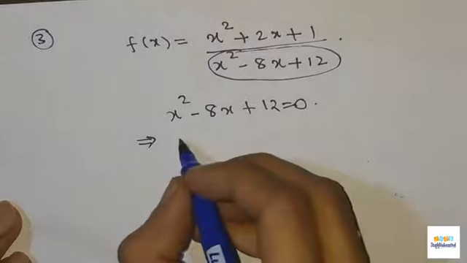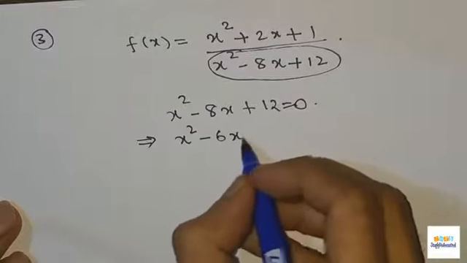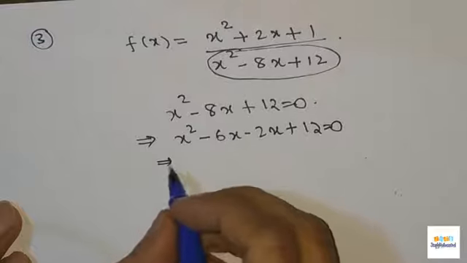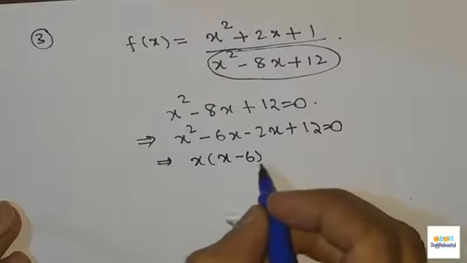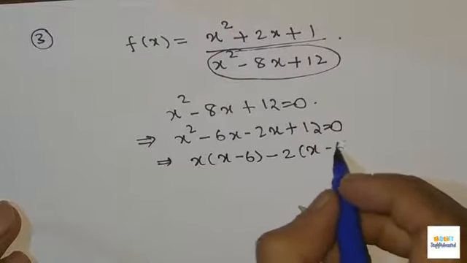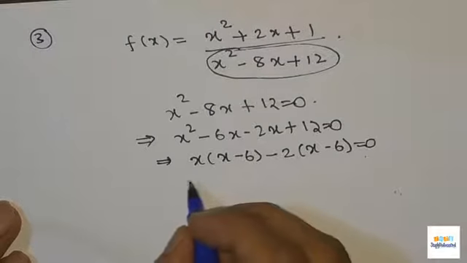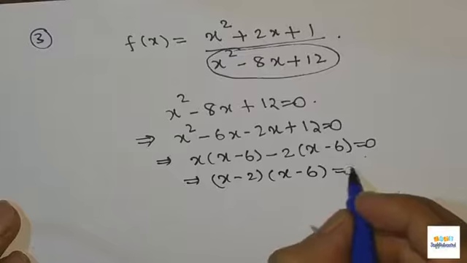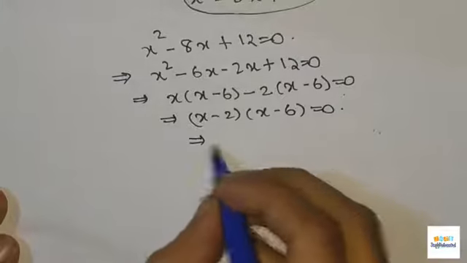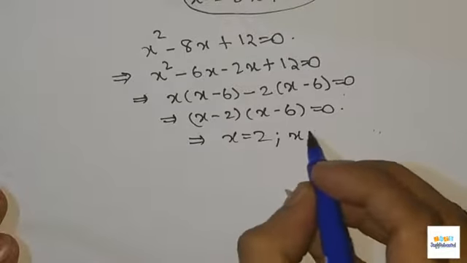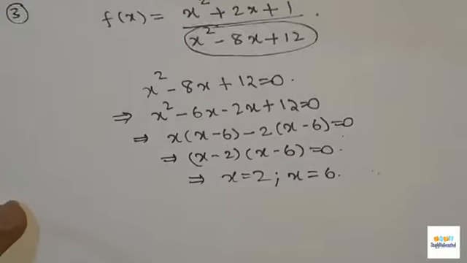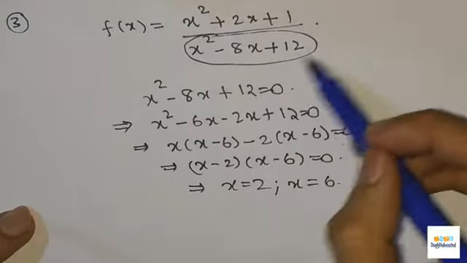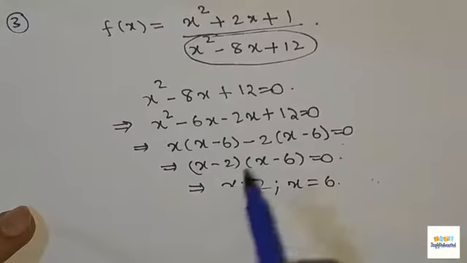So you will get x square minus 6x minus 2x plus 12 equal to 0. So that means x multiplied by (x minus 6) minus 2 multiplied by (x minus 6) is equal to 0. So (x minus 2) multiplied by (x minus 6) is equal to 0. So x is equal to 2 or x is equal to 6. So you find that at these values of x, this quadratic expression becomes 0.